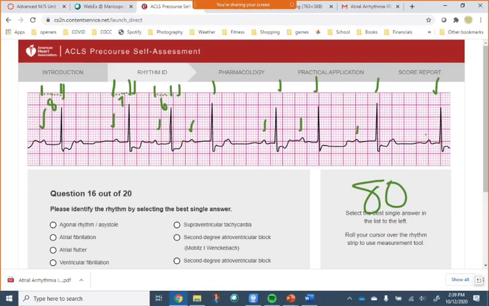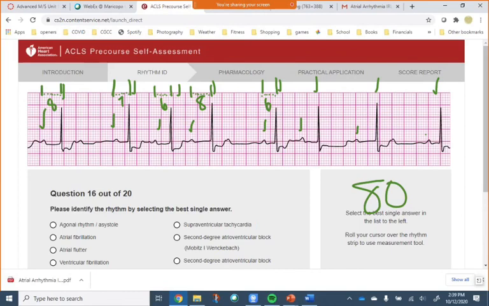So does it fit the, let's see. One, 2, 3, 4, 5, 6, 7, 8. So we're kind of all got some prolonged beats here. One, 2, 3, 4, 5, 6. So they're not even.